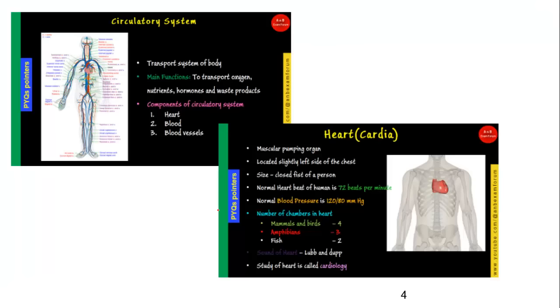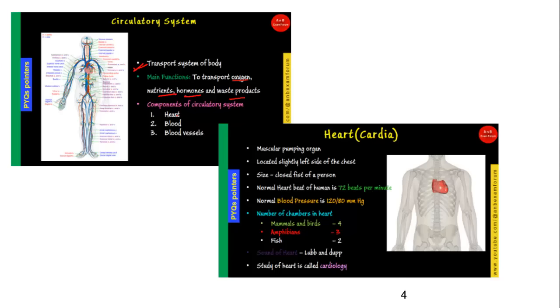A similar pointer we have seen in our theory class: the human circulatory system is basically the transport system of the body, and its main function is to transport oxygen, nutrients, hormones, and waste products. The components of the human circulatory system are basically 3.